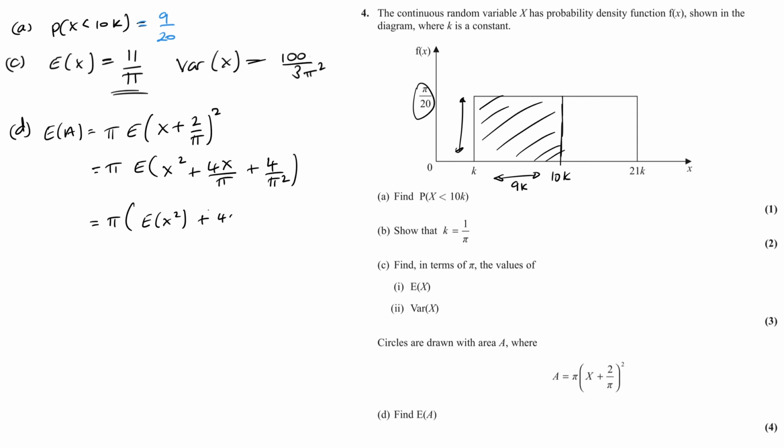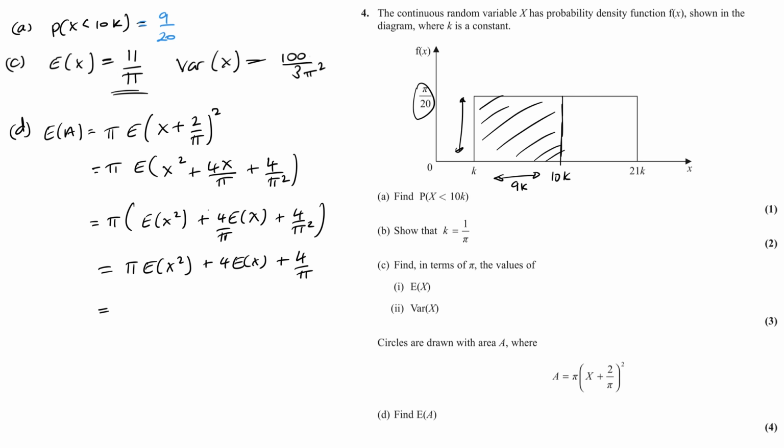So this is going to be then 4E of x over pi, that'd be the constant there, plus 4 over pi squared, and times everything by pi, we get pi times E of x squared plus 4E of x plus 4 over pi. Because some of those pi's will obviously cancel out. So we're looking good so far. We've got pretty much enough information here.